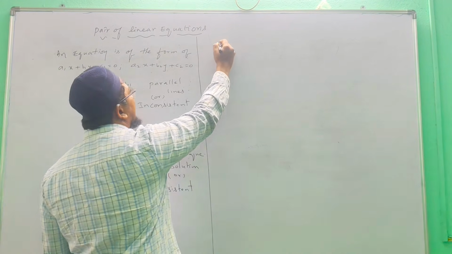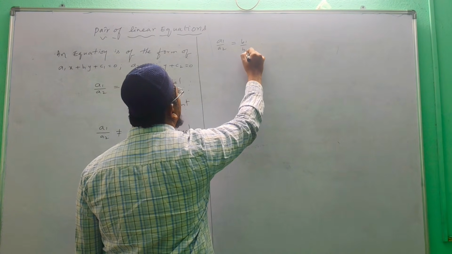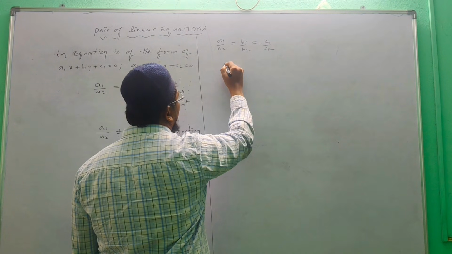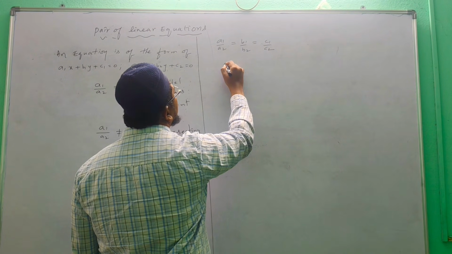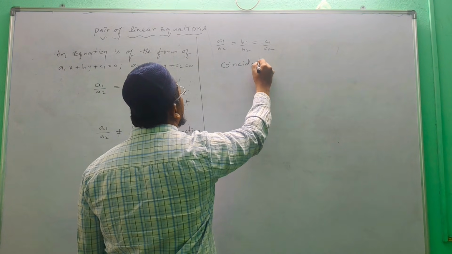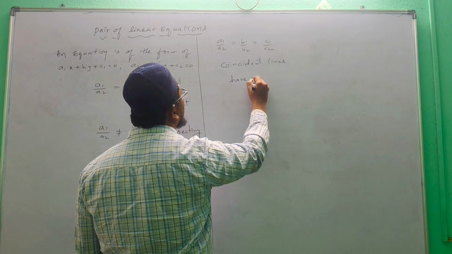If a1 upon a2 equal to b1 upon b2 equal to c1 upon c2, we say that coincident lines have many solutions.